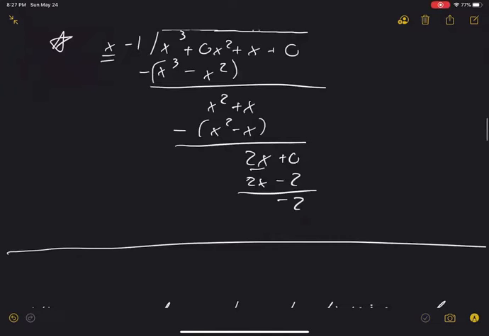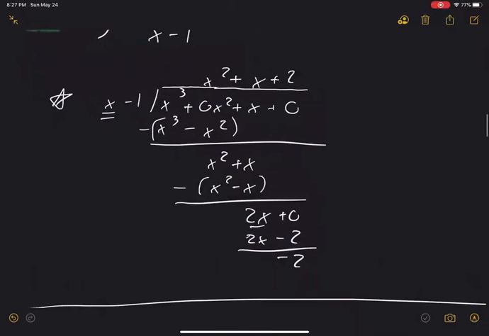Okay, and then I don't have anything else to bring down, so my remainder would be minus 2, and I'm going to write that as minus 2 over x minus 1.